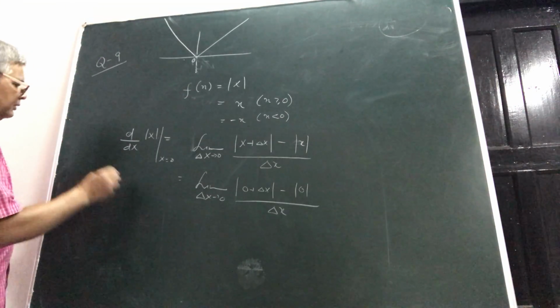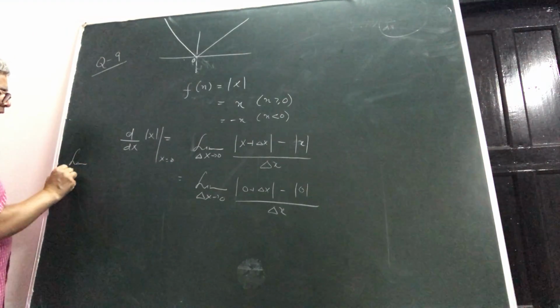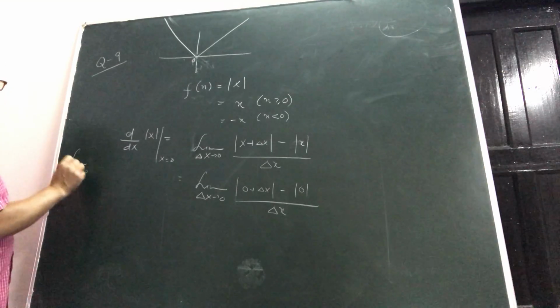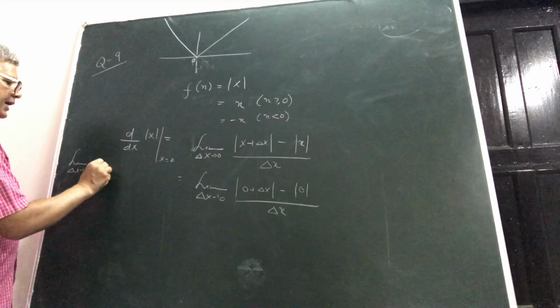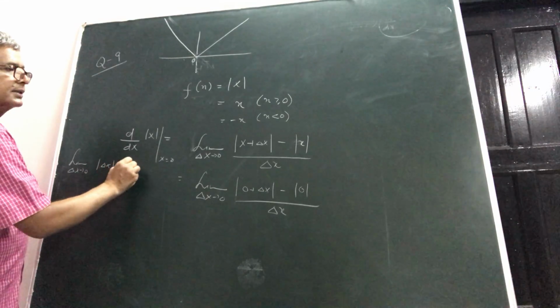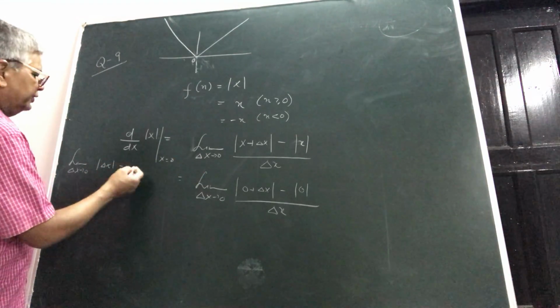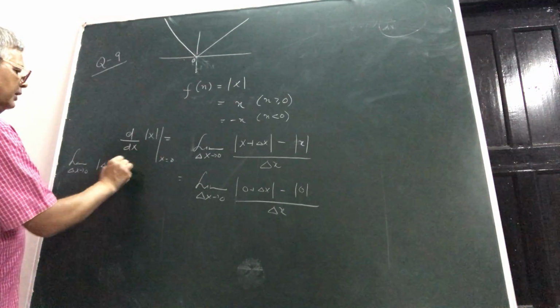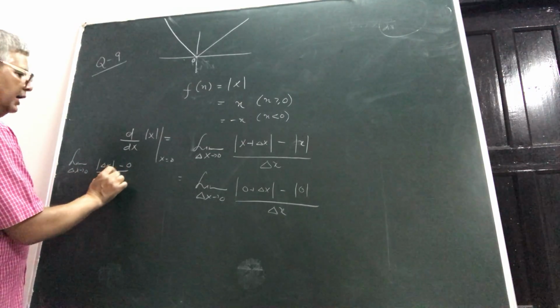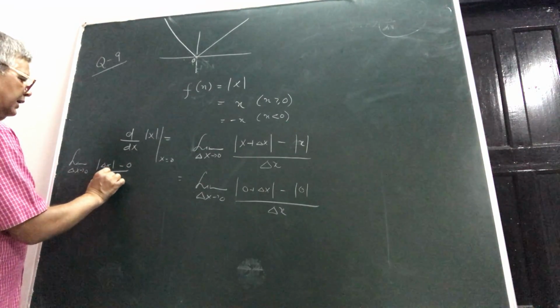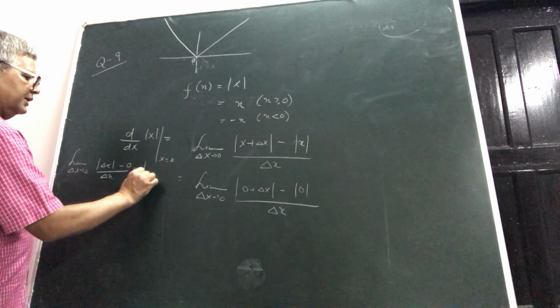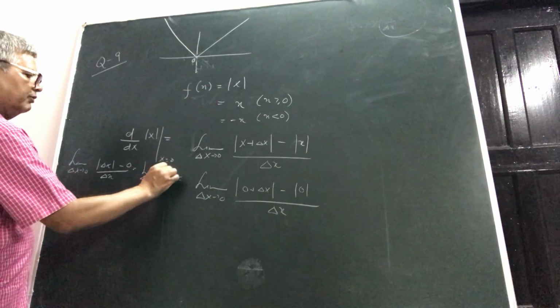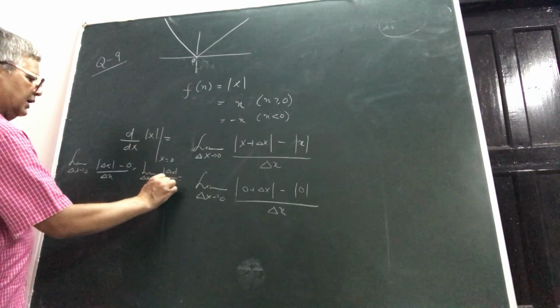Now please see to it. This is limit delta x tends to 0 of mod delta x minus mod of 0, upon delta x. Mod 0 is how much? 0. So this is basically limit delta x tends to 0 of mod of delta x upon delta x.